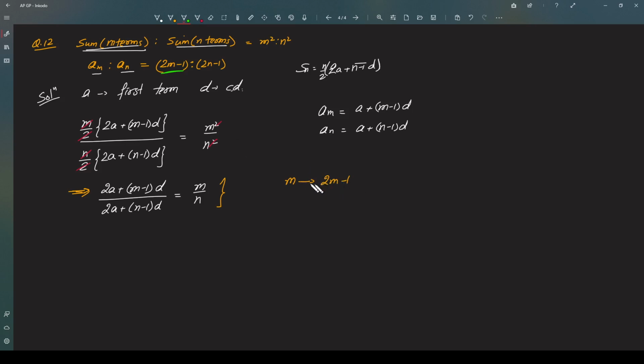So if I substitute, I'll get 2a plus 2m minus 1 minus 1, so 2m minus 2, into d divided by 2a plus 2n minus 2 into d.